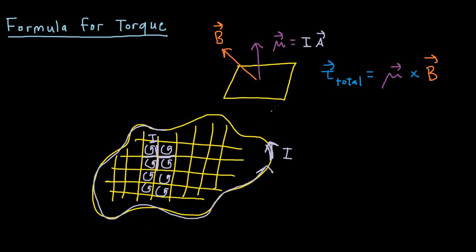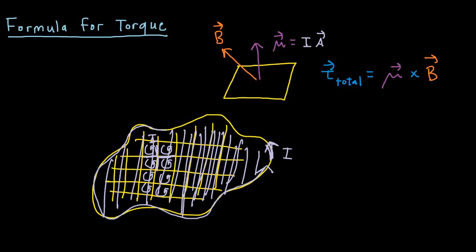Now, meanwhile, the areas of each of these tiny little squares add up, right? So if you just sum all the areas together, you just get the area of this whole shape. And the normal area vector, A, will just be the sum of all these little squares.